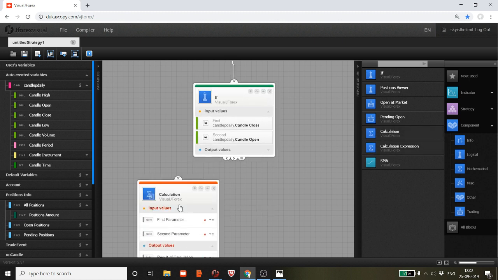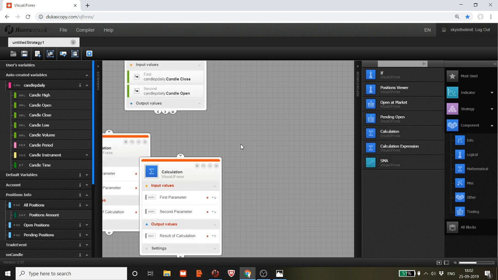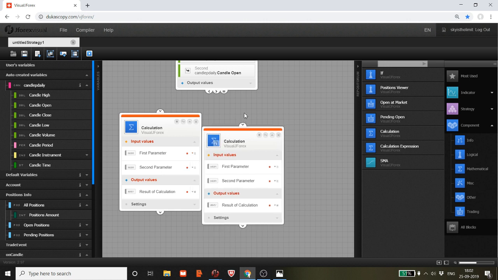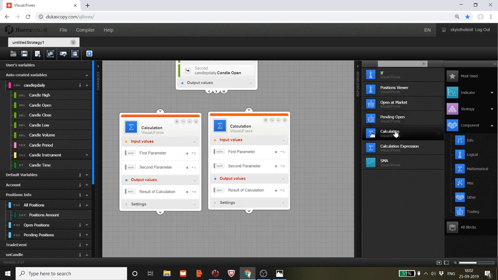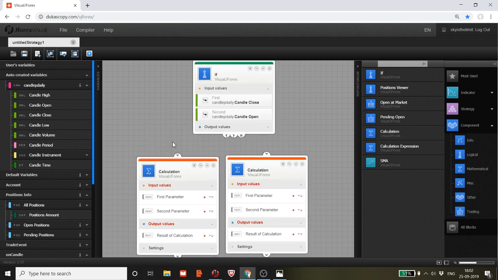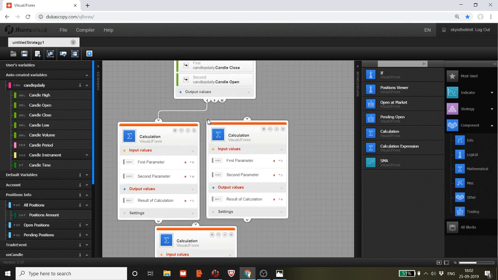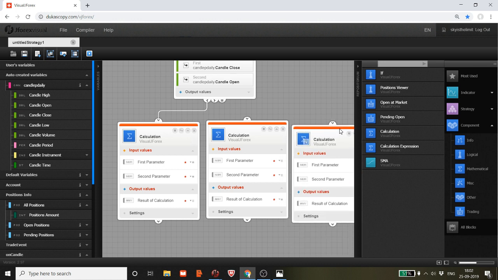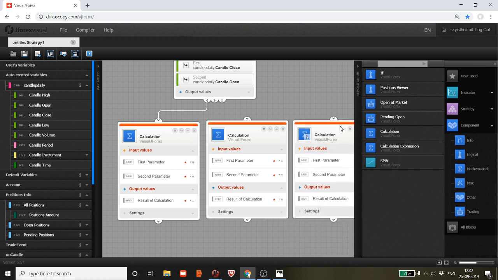Now it's time for the calculations, and here we need 5 calculation blocks. For the bearish candle, candle close should be lower than candle open. And then after that we will calculate three things: upper wick, body and lower wick.